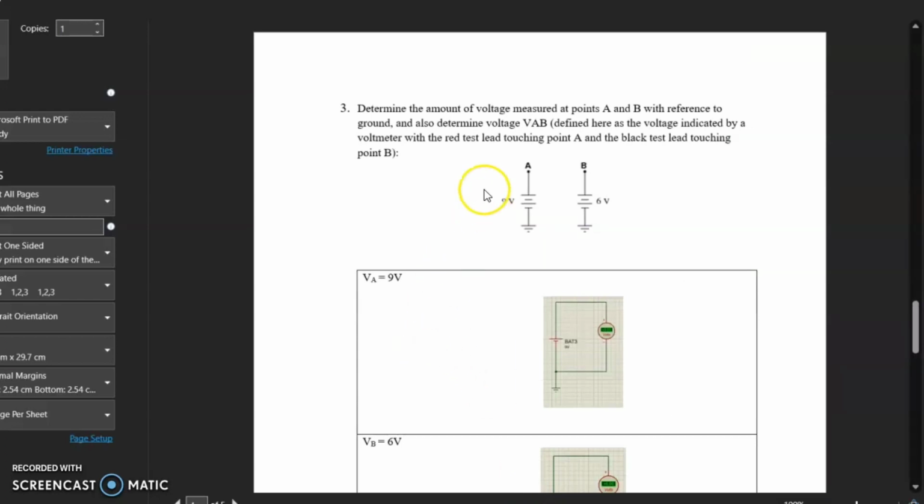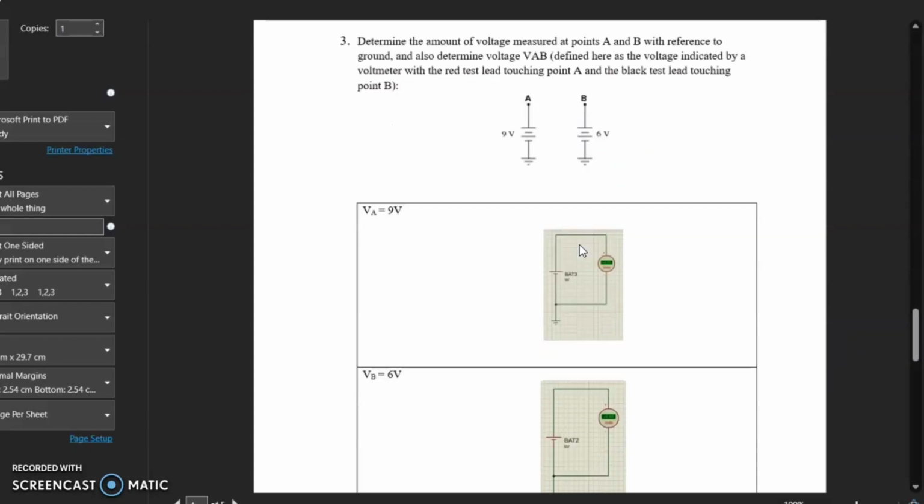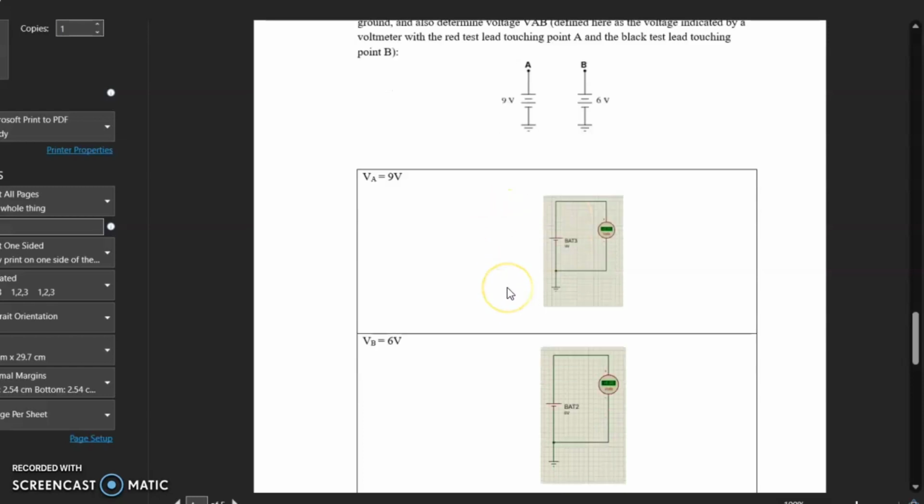And for the last question, determine the voltage measured at points A and B with reference to ground, and also determine the value VAB, defined as the voltage indicated by the voltmeter with the red test lead touching point A and the black test lead touching point B. So here is the simulated circuit.